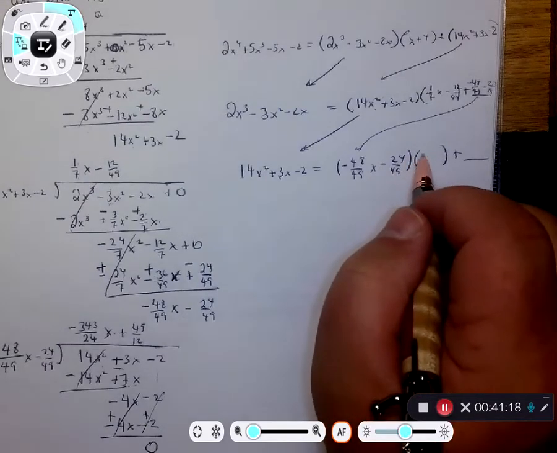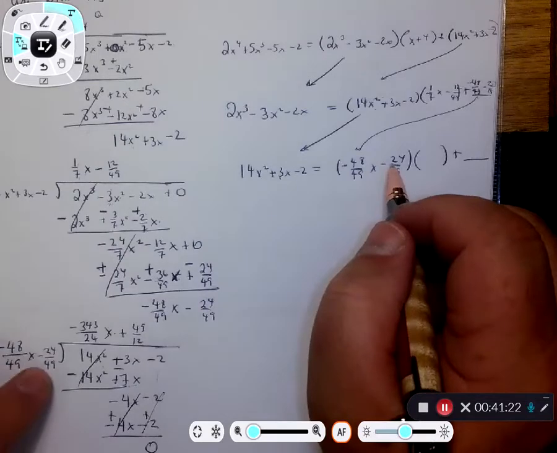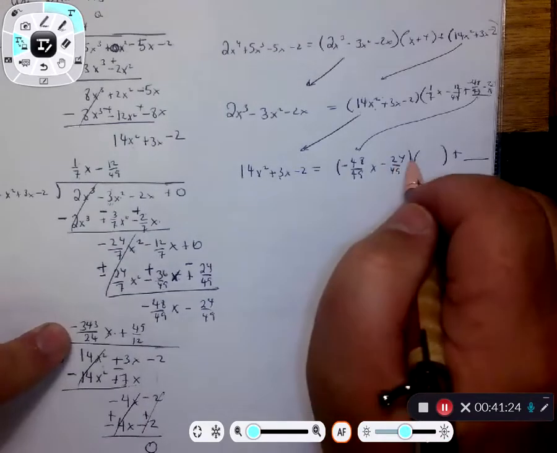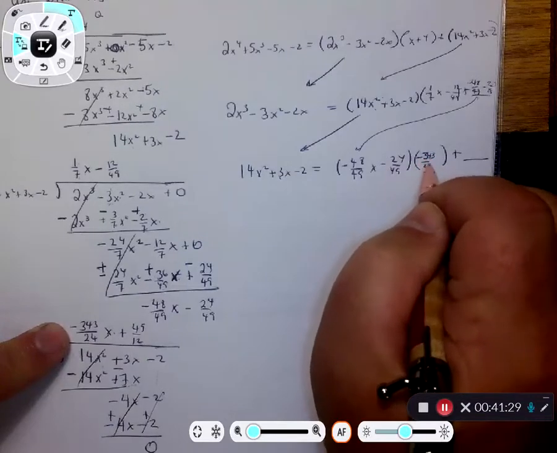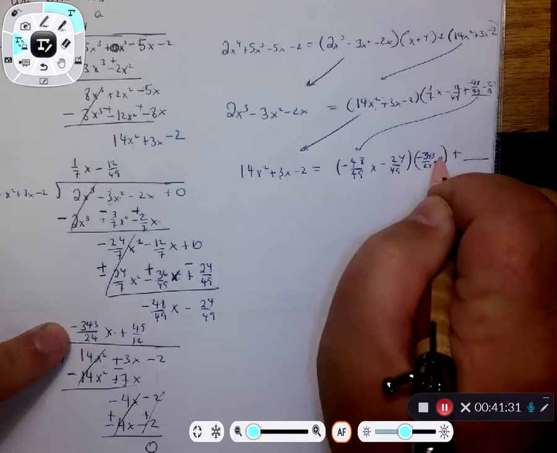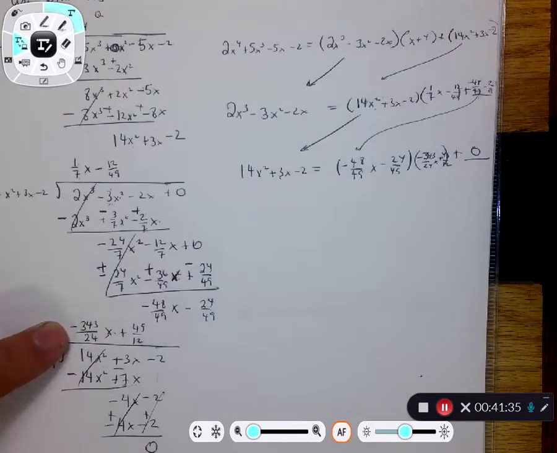So your division algorithm here, your negative 48 over 49x minus 24 over 49 is multiplied by negative 343 over 24x plus 49 over 12 plus the remainder of 0 there.